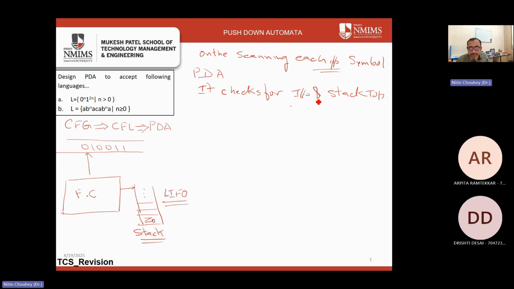Based on the current state, the input symbol, and what is available on the stack top, PDA performs operations such as, first, change of state.